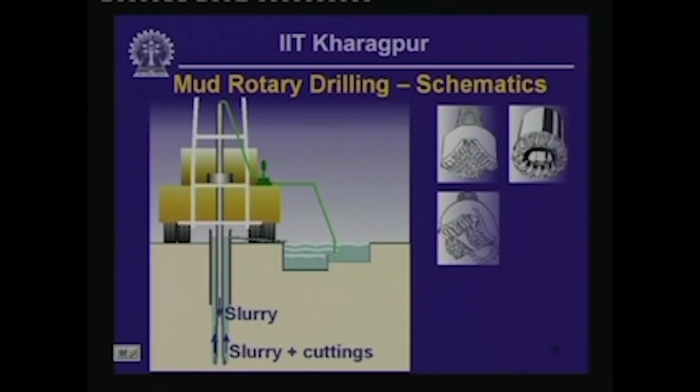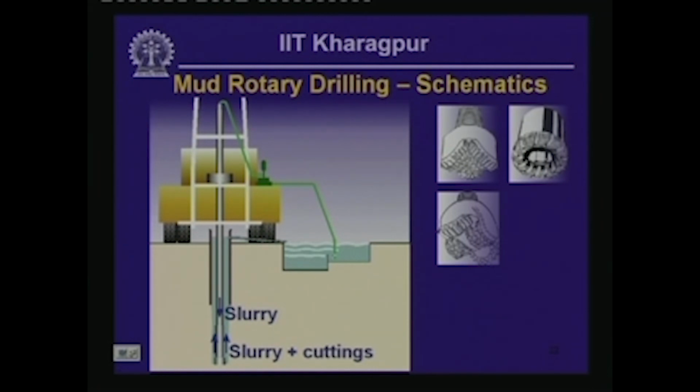The sketch on the left shows the process which I have already described. What you have here is essentially a drill stem through which you are circulating the slurry, and the slurry and cuttings are flushed back up the hole and collected, and this slurry is typically recycled again. Some typical drill bits used in the drilling process are shown on the right.